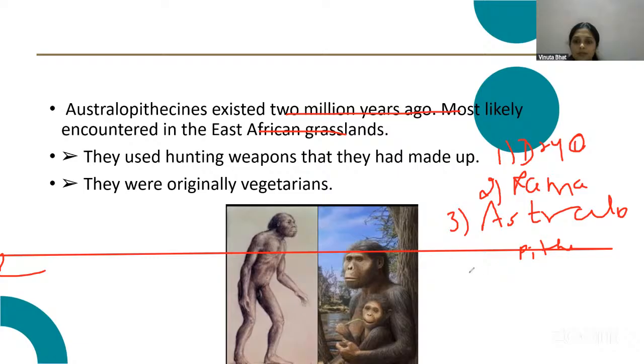Then the fourth one. What are the characteristics of Australopithecines? They used hunting weapons, and they were originally vegetarians.